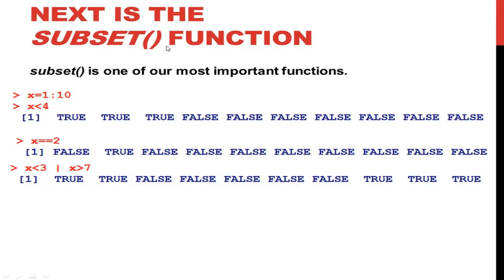So again, for P and Q, each one has two possibilities. So together they have how many possibilities? Again, just like before, they have four possibilities. So go ahead and make the truth table for this on a piece of paper.